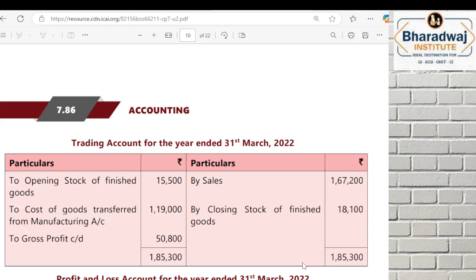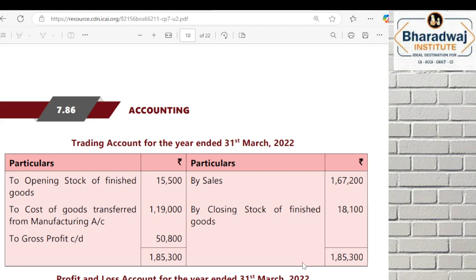Then let us work out P&L. If it is done for a trader, the same trading account would have come, but instead of cost of production, it would have been purchases. By sales, by closing stock, you would have got what? Gross profit. Then try P&L account next.